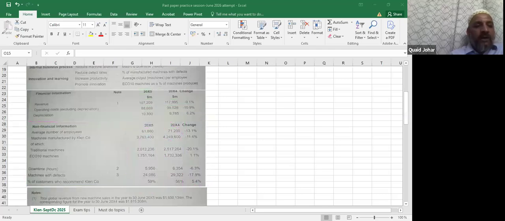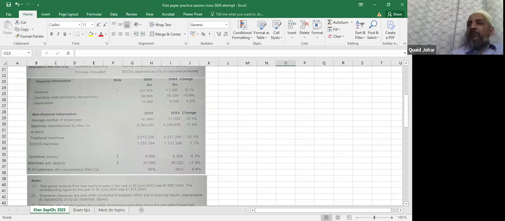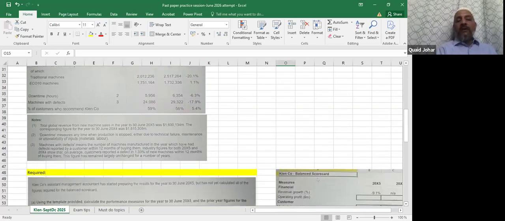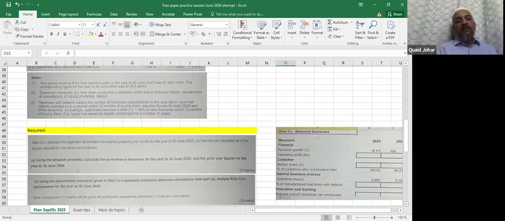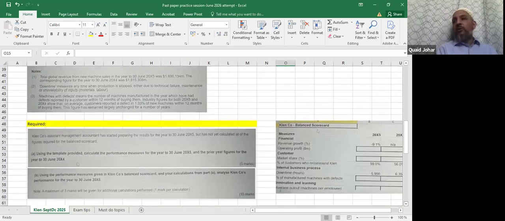Now, after looking at the financial information and non-financial information, an important exam tip I want to give you is that first we should read the requirements. In order to pick the relevant data and save some time, we should always read the requirements first. So what are the requirements?